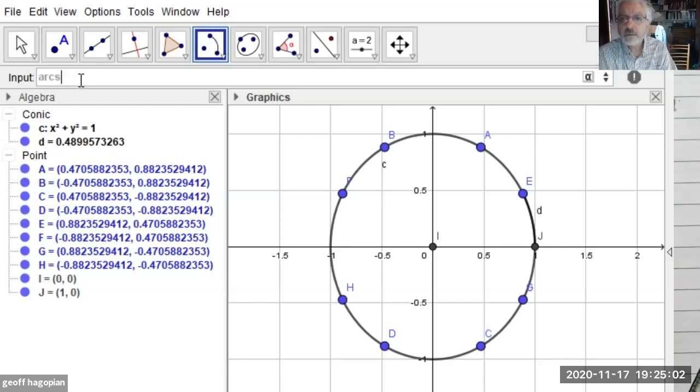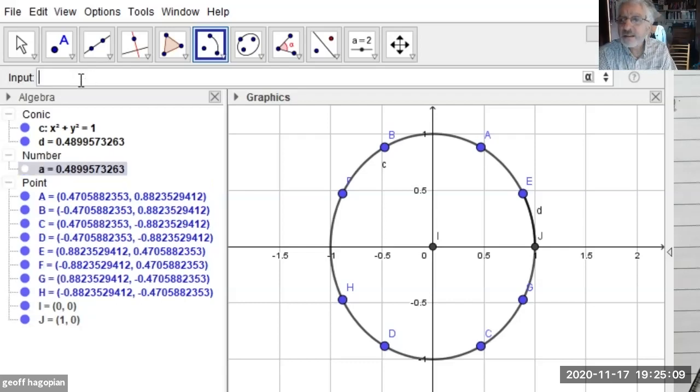So arcsine of 8/17. Notice that's exactly the same number as D, which was this arc, right? Down to the very last decimal place there, right?